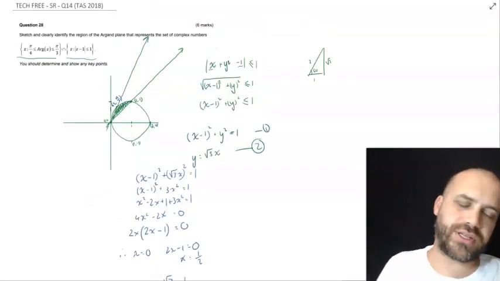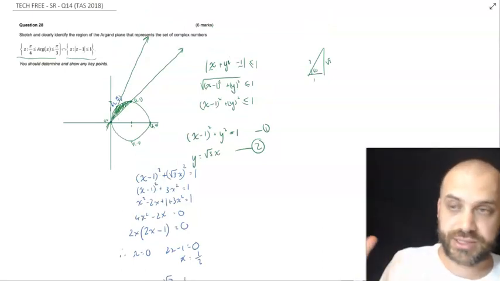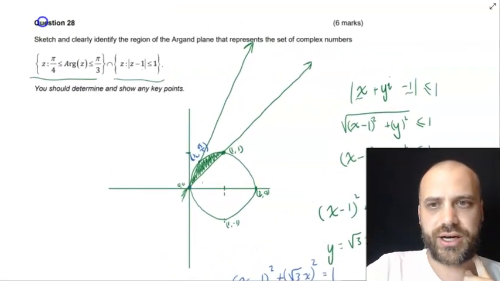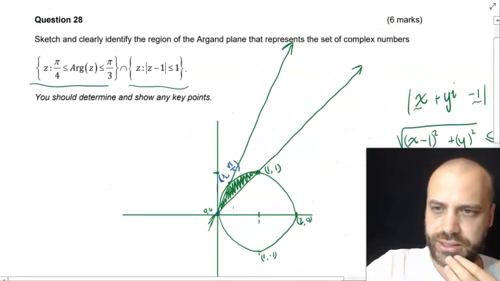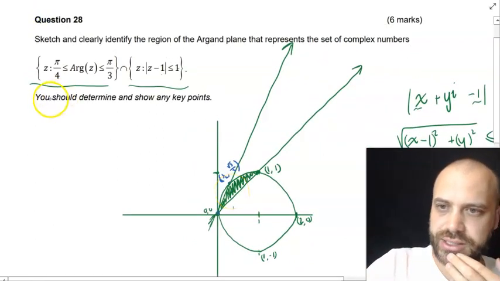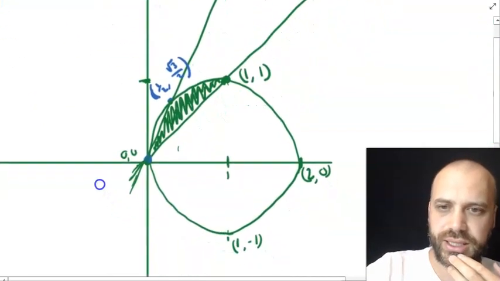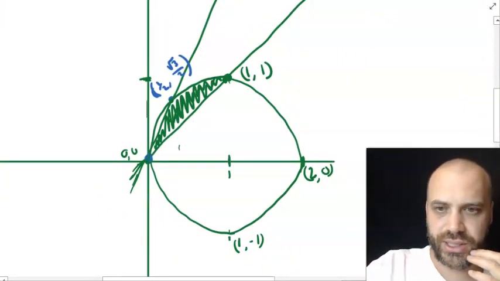So it's a good idea at the end of a question to check that what you've done has done what the question's asked you to do. Sketch and clearly identify the region of the Argand plane that represents the set of complex numbers. Okay, so it does look like I've done that, and it says you should determine and show any key points. And it looks to me like I couldn't have shown any more points here.